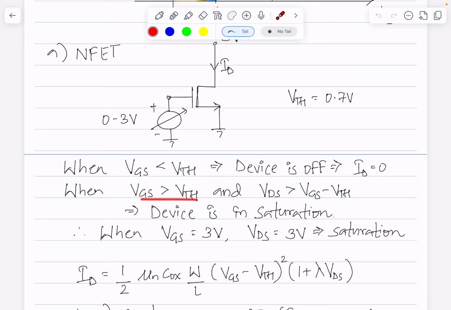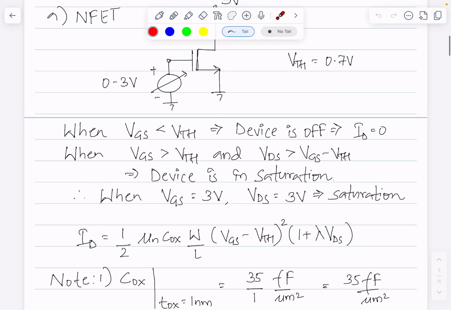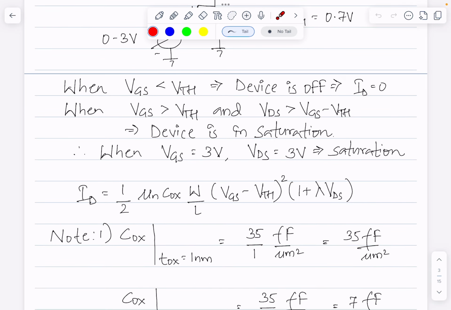But when VGS is greater than VTH and VDS is greater than VGS minus VTH, then the device is in saturation. So these are the two conditions for the device to be in saturation. Therefore, when VGS is 3 volts, VDS is also 3 volts, so this implies saturation.